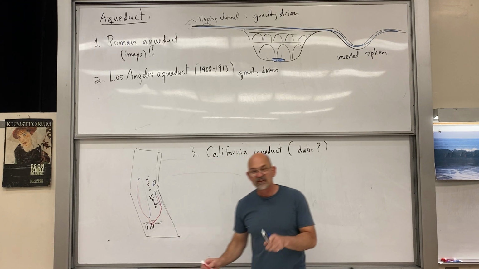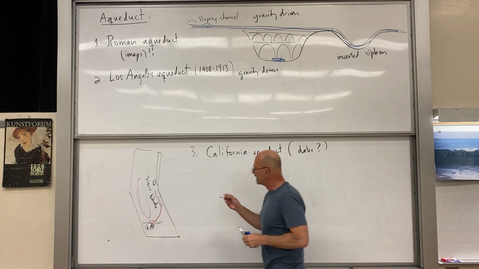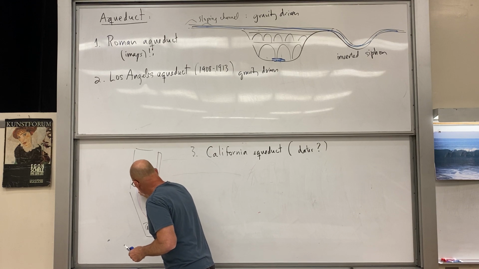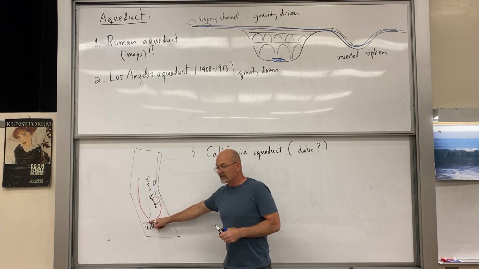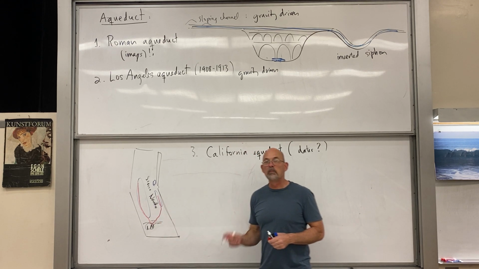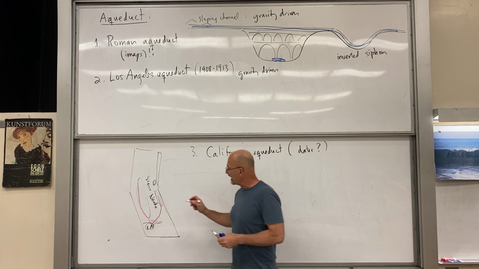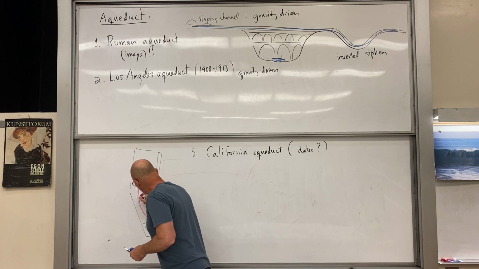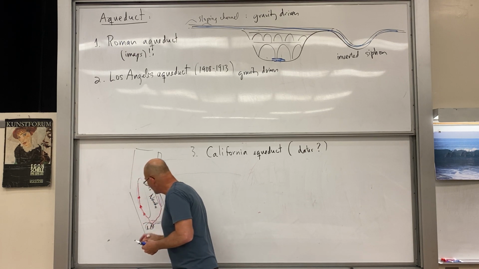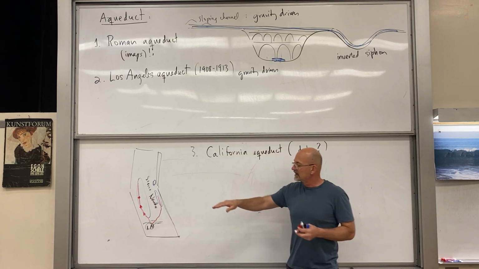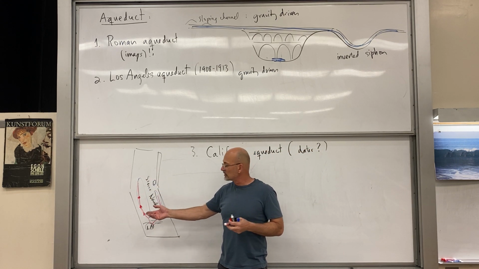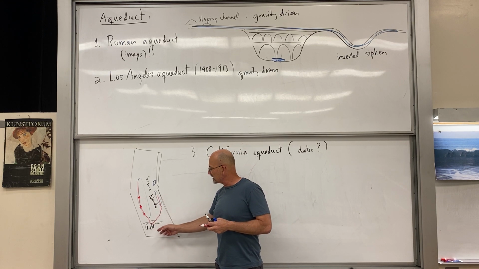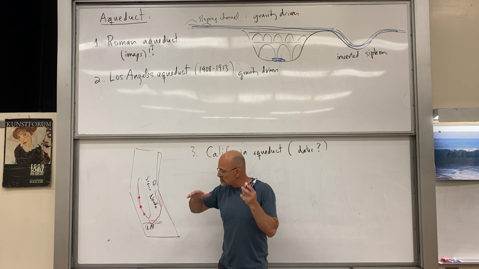Now the interesting thing about the California Aqueduct is that it's not gravity fed. Okay, you're starting out at around sea level and you're ending up going over a very high mountain range. So there is pumping going on, and there are pump stations along the route. So you've got a channel that's gravity fed, and then eventually they'll boost it by, say, 50 meters or 40 meters or something, and they'll let it gently flow downhill.